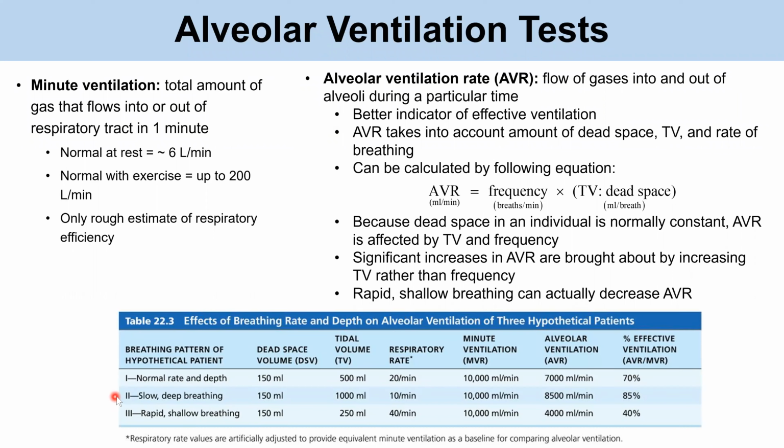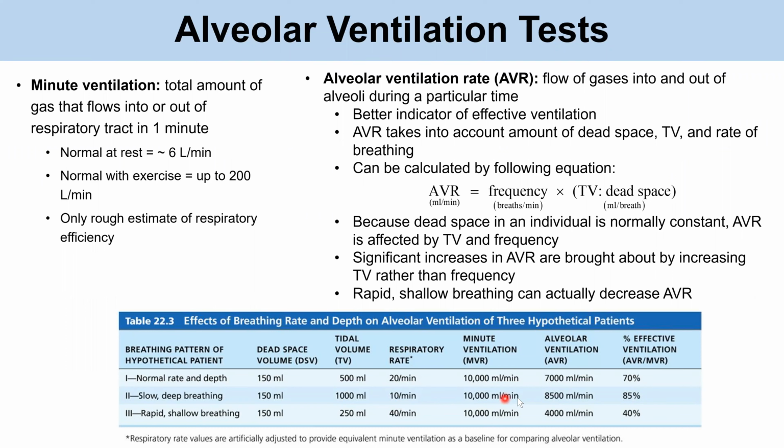So now what we're going to do is we're going to look at our second hypothetical patient. And in the second patient, they are breathing more slowly and deeper. And so they have the same dead space volume, because remember I said typically this is normally a pretty constant amount. But remember, we have deeper breathing, which means they're going to have a higher tidal volume, but they're breathing really slowly. So their respiratory rate has decreased.